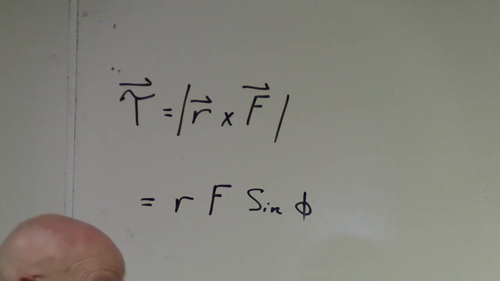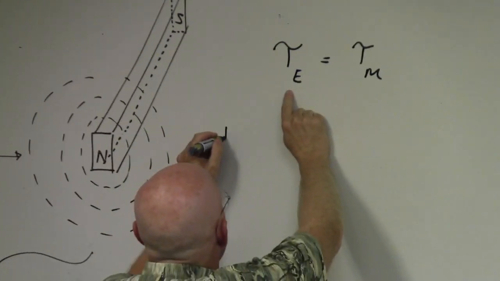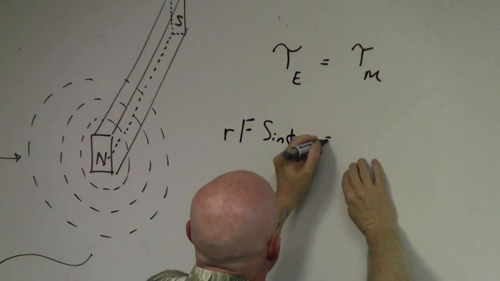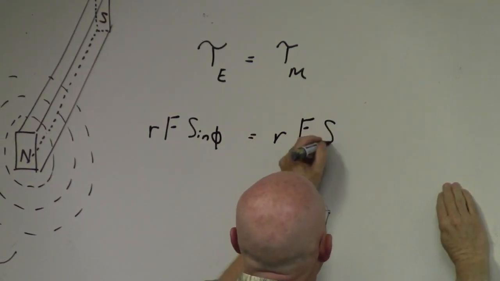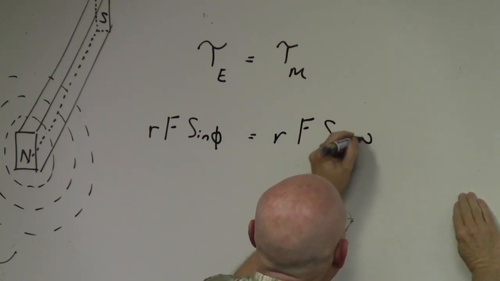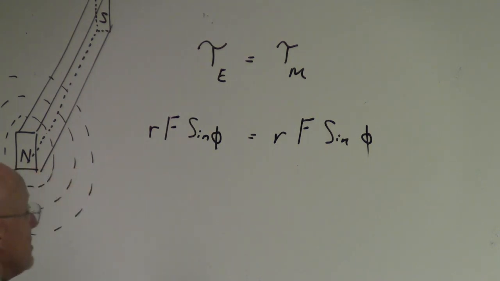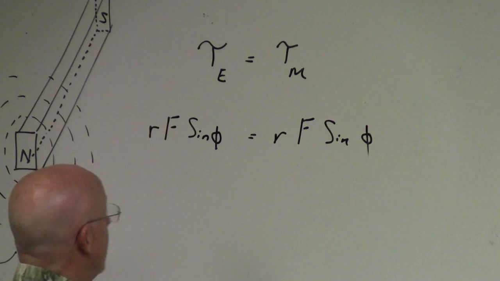Okay, so let's apply that over to here. So if I put an R, an F, and a sine phi, and over here I put an R, an F, and a sine of phi, let me just be careful because these are not necessarily the same R's, the same F's, or the same phi's, okay?